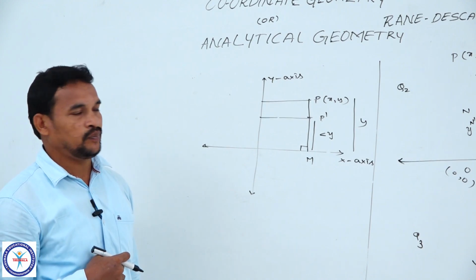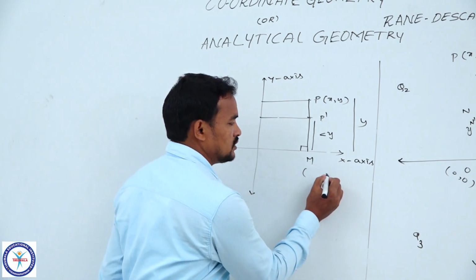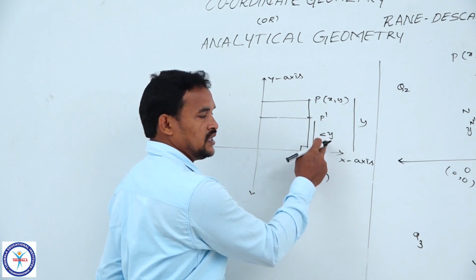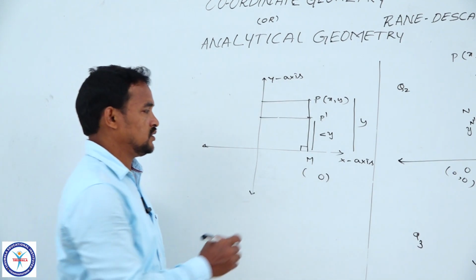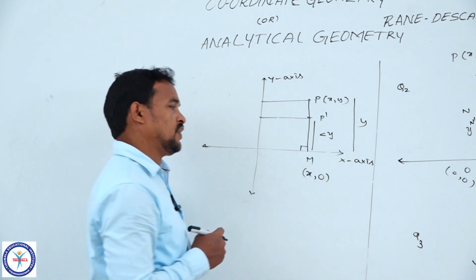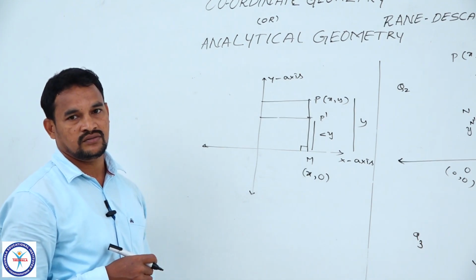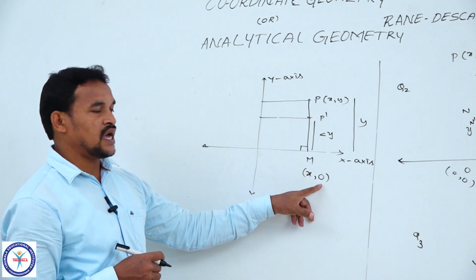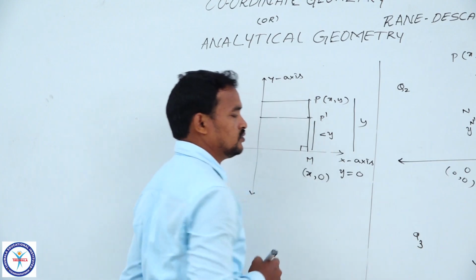When you take one point P on the x-axis, the y value is decreased to close to 0, and the x value is not changed. Now, any point on the x-axis is in the form of x comma 0. On the x-axis, the y value is always 0.